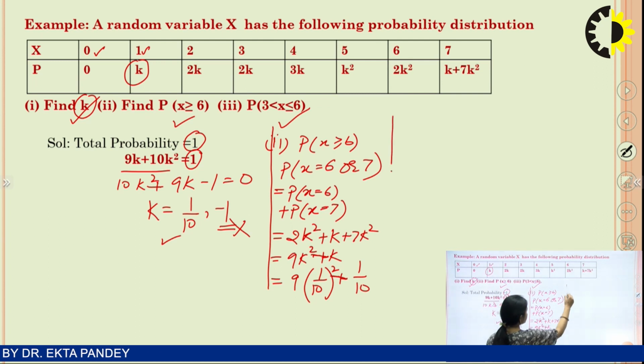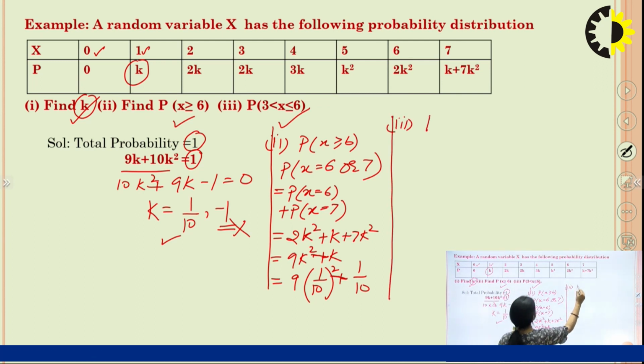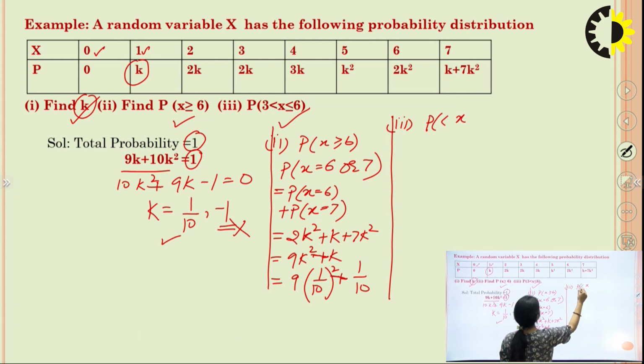Next, for the third part, we have to find the probability of x lying in between 3 and 6. See, here we have equal to for the boundary 6, but less than for the boundary 3.